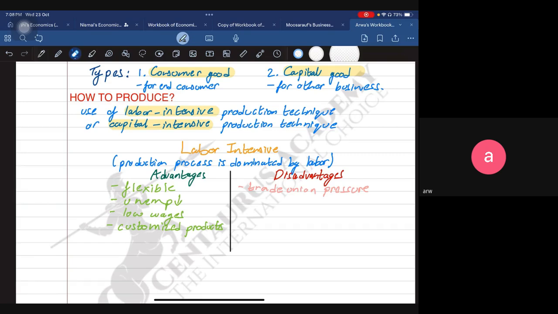All of those things for which they fight are not good for the firm, especially if they go on a complete strike where the whole production process is at a halt. Yes, I agree, the boredom is a problem because they are doing the same task again and again.